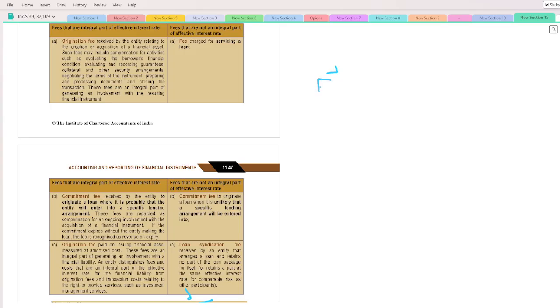So in the financial assets, say your fair value is 100 and the transaction cost is say 10. In the financial asset it will be added here, so ultimately it will be coming 110 if you are going for the amortized cost or FVOCI.